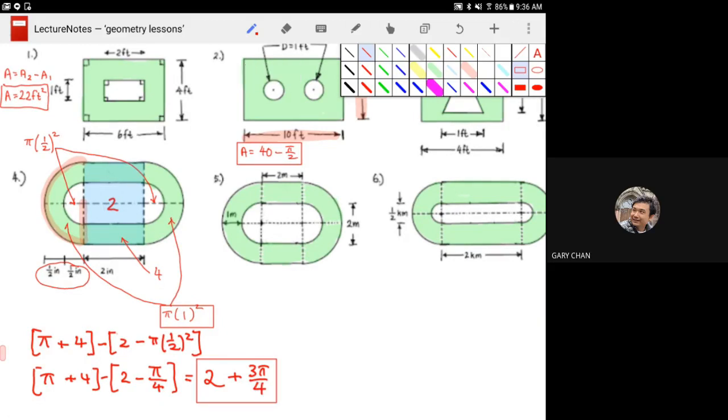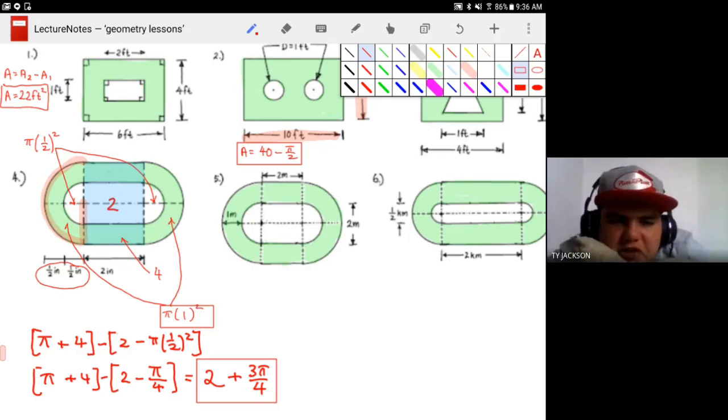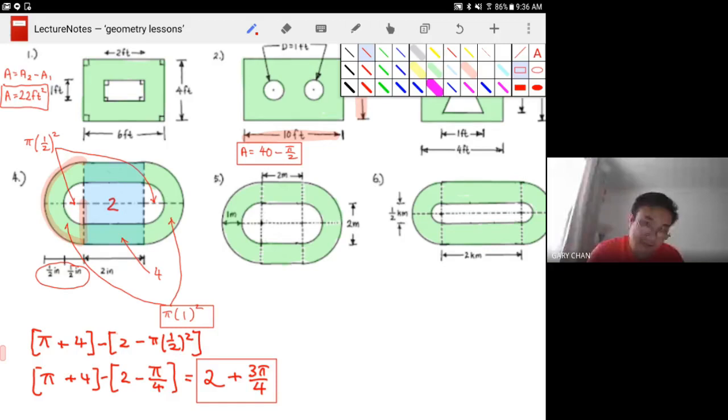Sorry, my screen is refreshing. Do you guys see it refreshing? Yeah, it's frozen right now. I don't think it's refreshing. It's frozen, right? Give me a sec.